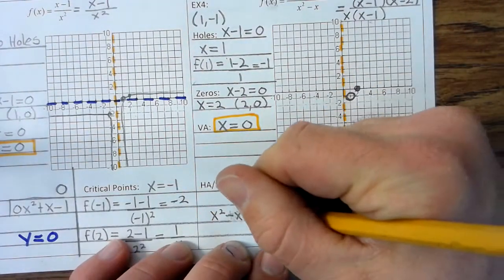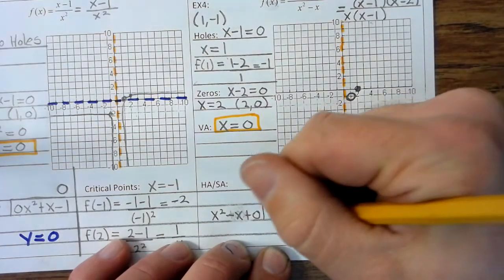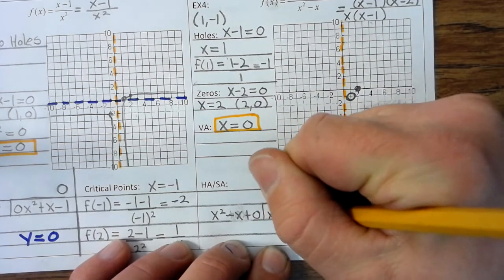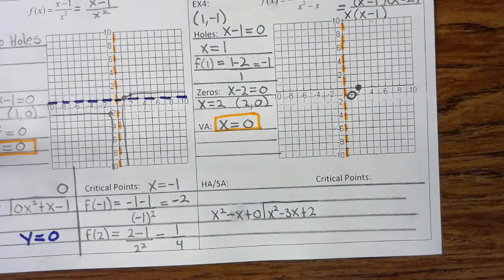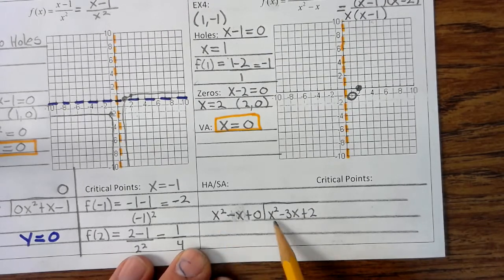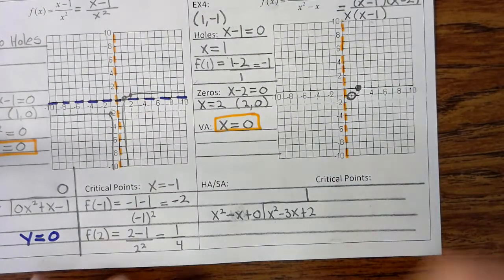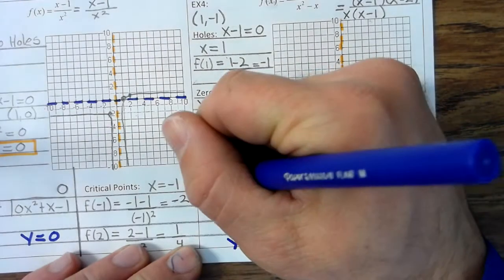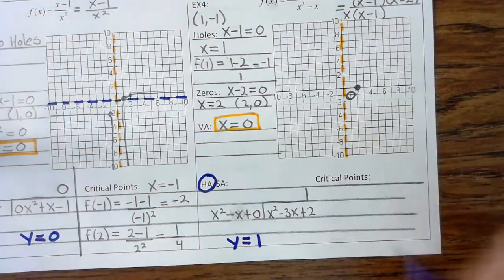You really want to have every term divided by x squared minus 3x plus 2. So then you ask yourself, well, what do you multiply x squared by to give you x squared? The answer is 1. So the quotient is completed. So we have a horizontal asymptote at y equals 1.